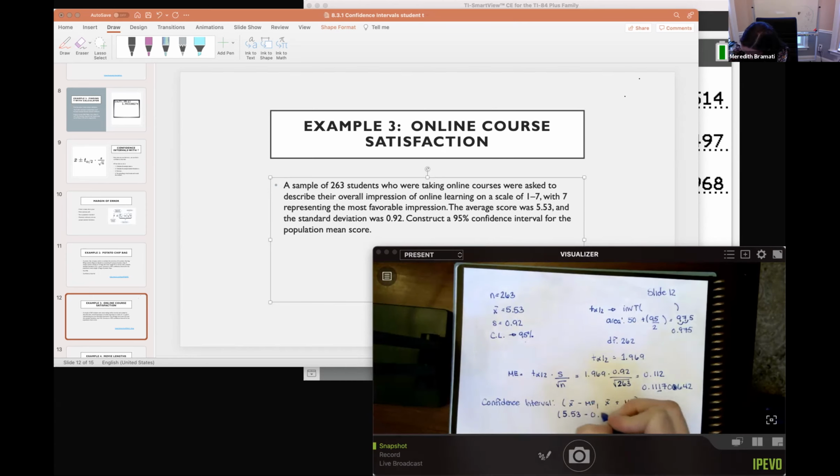Minus 0.112 and 5.53 plus 0.112. That gives 5.418 and 5.642.